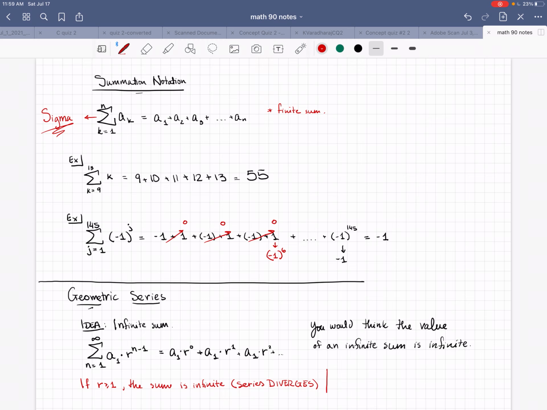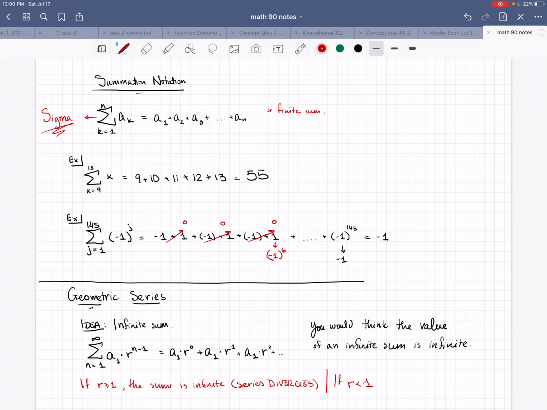But if r is less than 1, so like in the very, very first example, before we even called them geometric series, or sequences for that matter, we had that example where each term was the previous term divided by 3, and we went back later and we said, hey, this is just a geometric sequence where r is 1/3.